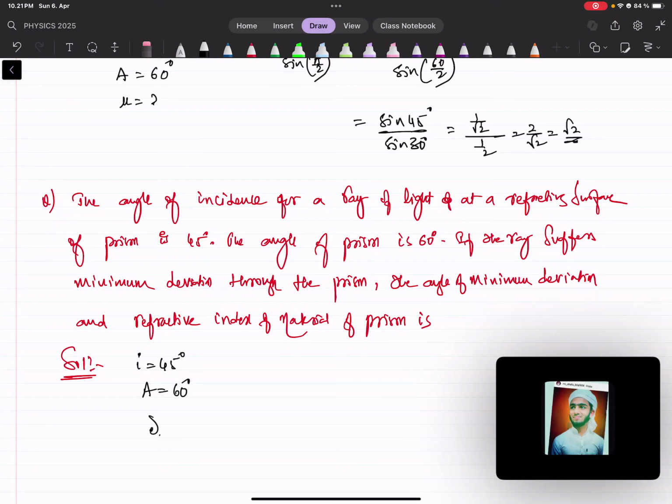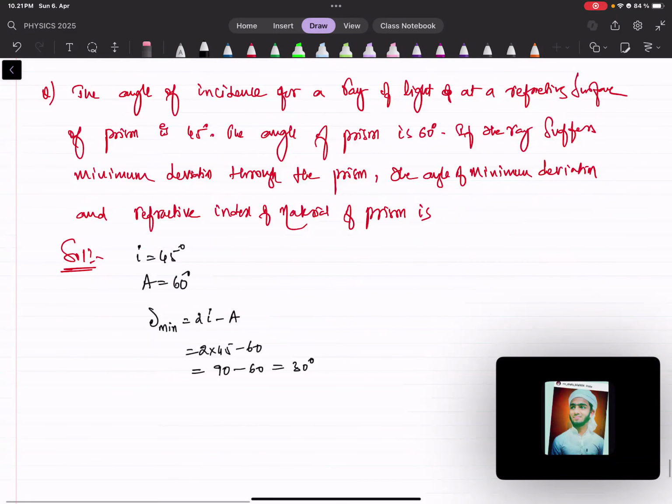Minimum deviation formula, beta: delta minimum is equal to 2i minus A. So it is 2 into 45 minus 60, that will be 90 minus 60, which is 30 degrees. Then I hope you can calculate the refractive index. Mu is equal to sine of (A plus D) divided by 2, divided by sine of A by 2. Use this one and tell me the answer.